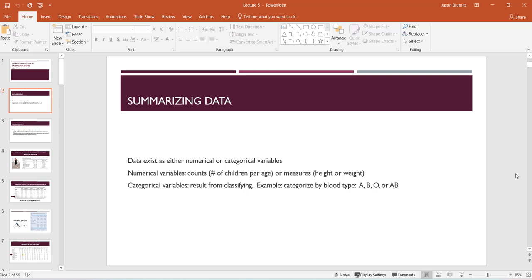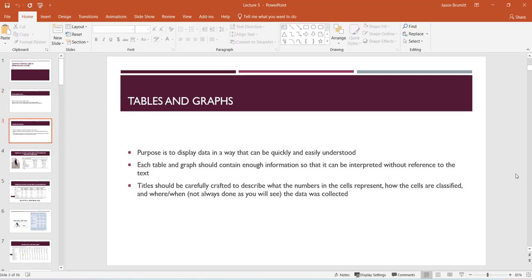Now, data exists either as numerical or categorical variables. Numerical variables are counts, like the number of children per age group, or different measures like height or weight. And then categorical variables result from classifying. So for example, categorizing people by blood type. Do they have A, B, O, or AB?